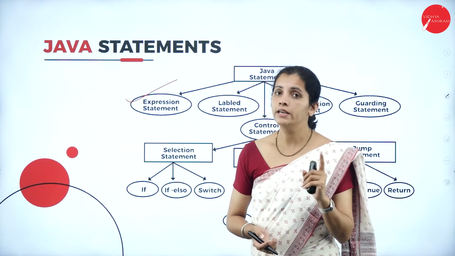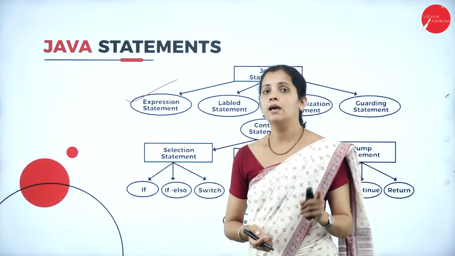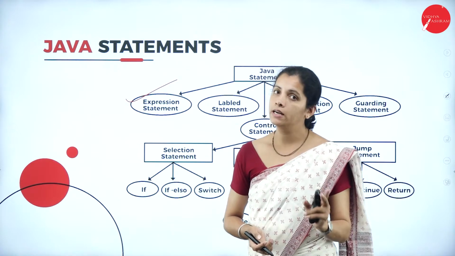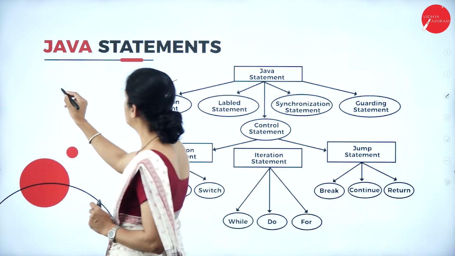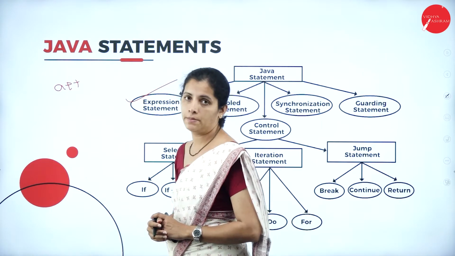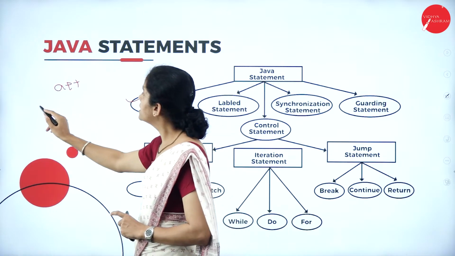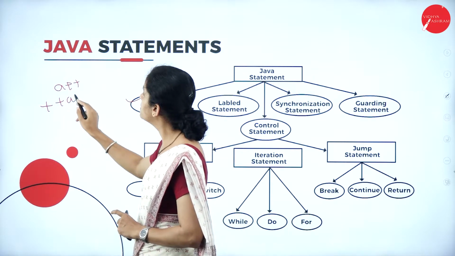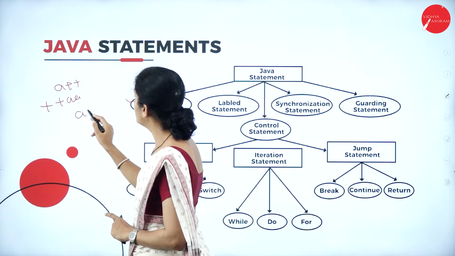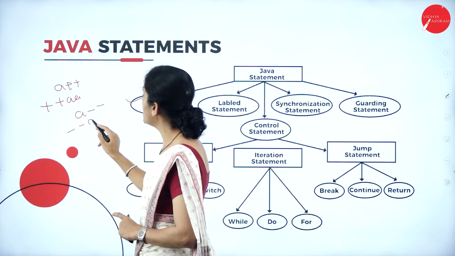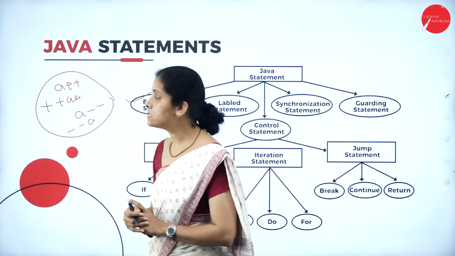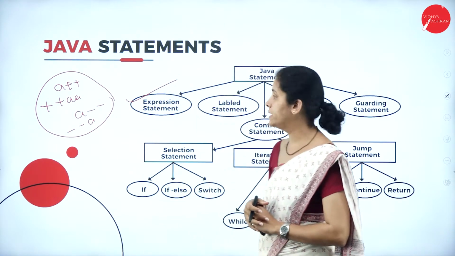If I consider decrement expression, then I have post-decrement and pre-decrement. So dear student, if I write a plus plus, here plus plus in the sense increment. So it is pre-increment. Now decrement, a minus minus, minus minus a.